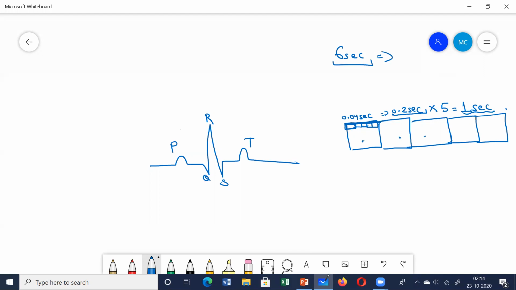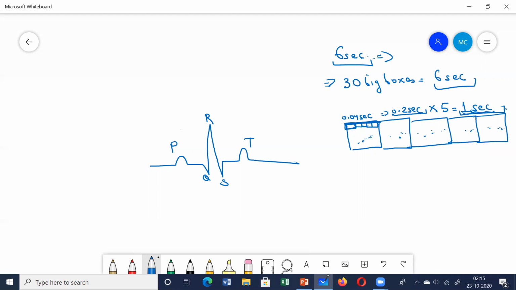If 5 big boxes is equal to 1 second, how many big boxes do you need for 6 seconds? Obviously 30 big boxes is equal to 6 seconds.